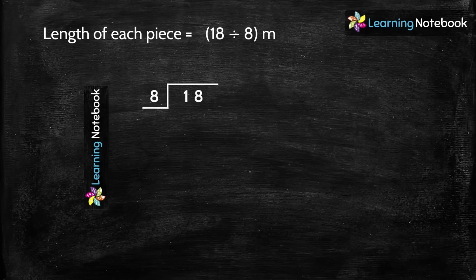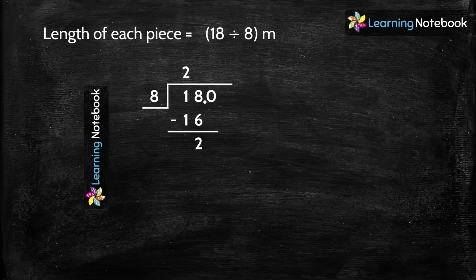So let's divide these numbers. 8 into 2 equals 16 and 18 minus 16 equals 2. Now the remainder is 2. So we can still continue with the division by inserting a 0.